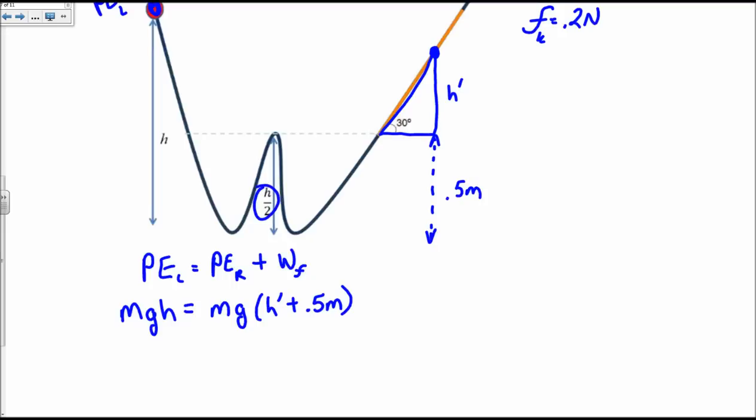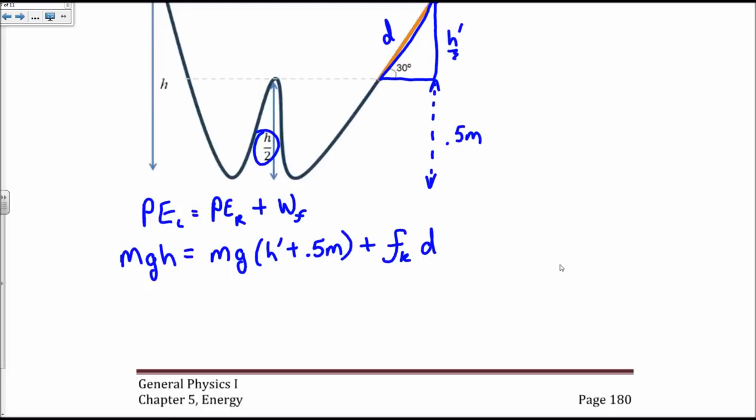I know that because this is h over 2, which is a half a meter. All right, so that's the potential energy when it reaches that point, plus the kinetic friction times the distance that it travels. And this distance is going to be that distance d. That's why I define this h prime, the height, in terms of h prime, because I'm going to need to list it in terms of d.